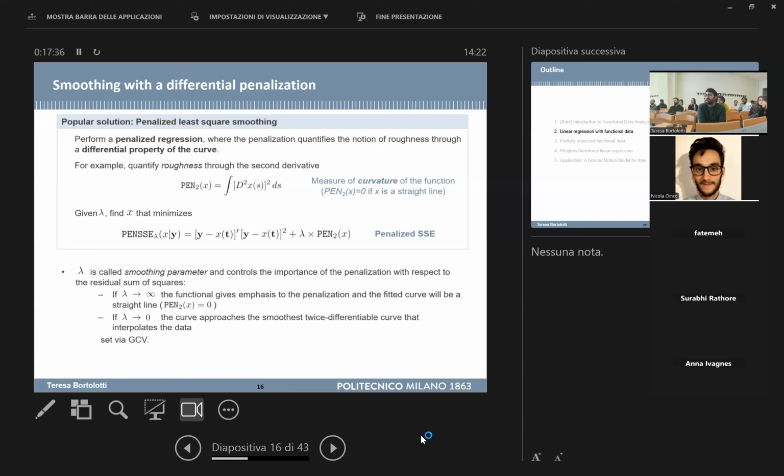So when you select this criterion from going from raw observations to smooth functional data, you already know what is the basis expansion that you are looking for, because de Boor tells you that the optimal one is the cubic B-spline. I didn't tell you about B-splines, but it's a system of bases that is super flexible and allows you to either retrieve very rough functions or very smooth functions.